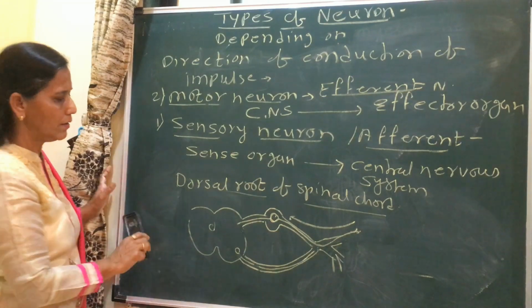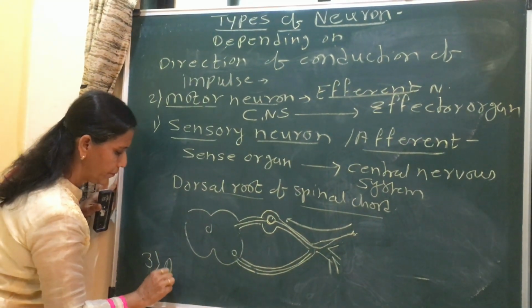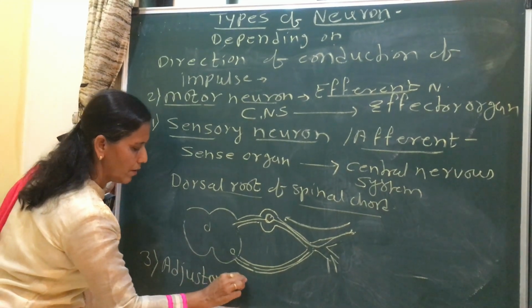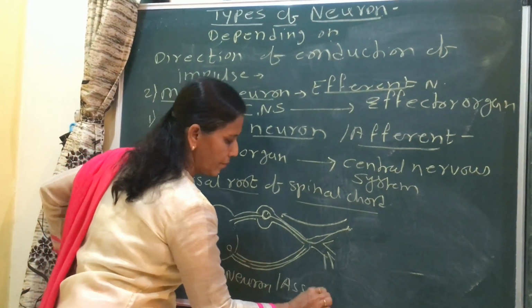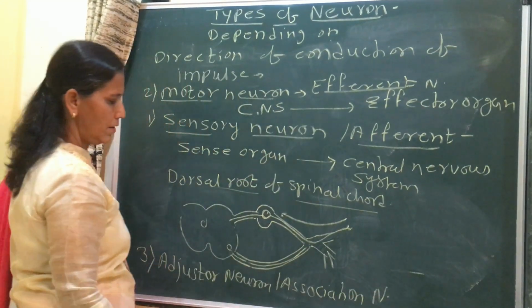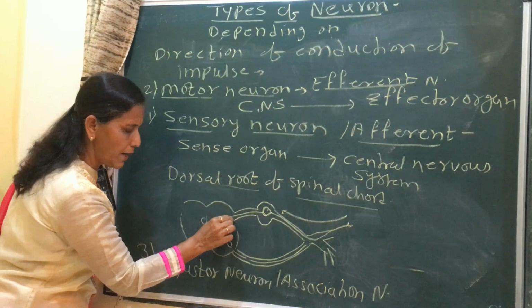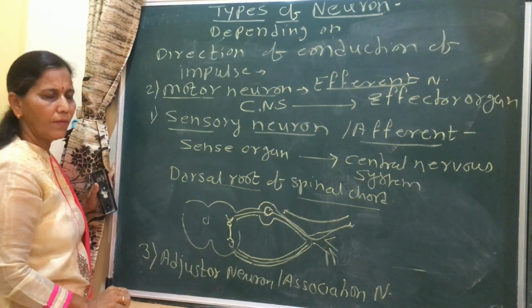Then next, the third type of neuron is the adjuster neuron, also called the association neuron. It is located in the gray matter of the spinal cord. Means it is located in the central nervous system.